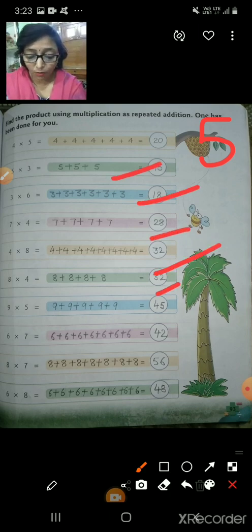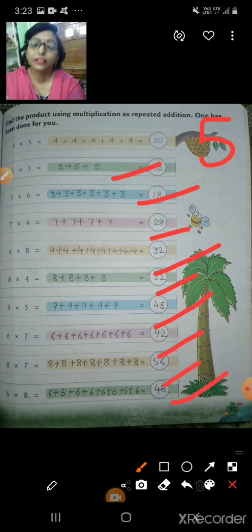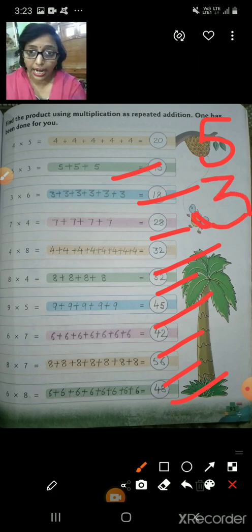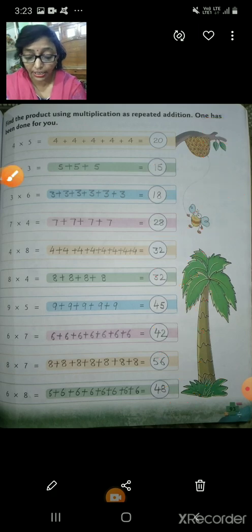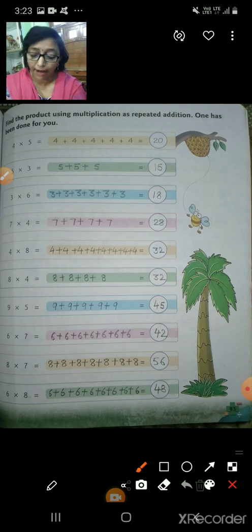Here in the second box you can see 5 into 3 is written. So how many times will you write 5? 3 times. 5 plus 5 plus 5 is equal to 15. 5 into 3 you will write, or 5 plus 5 plus 5, 3 times in addition form.